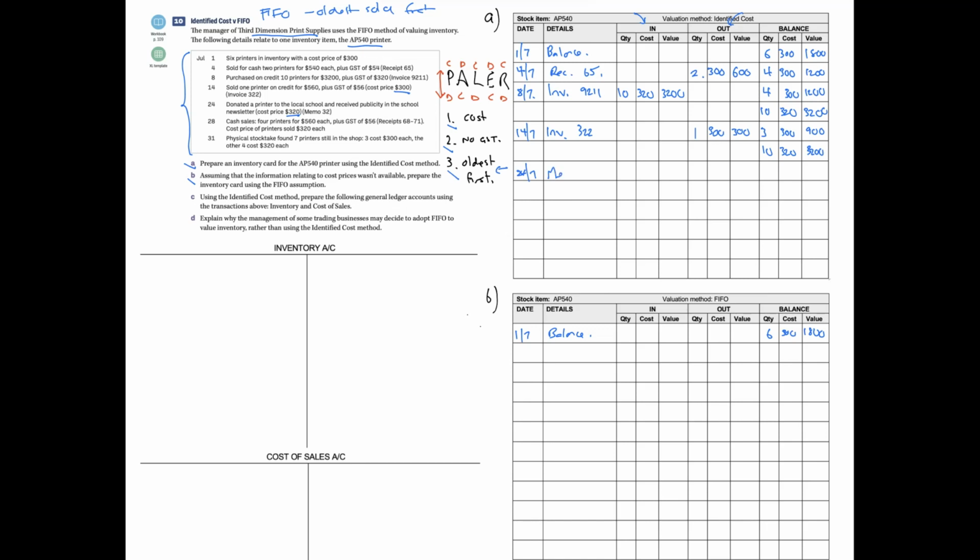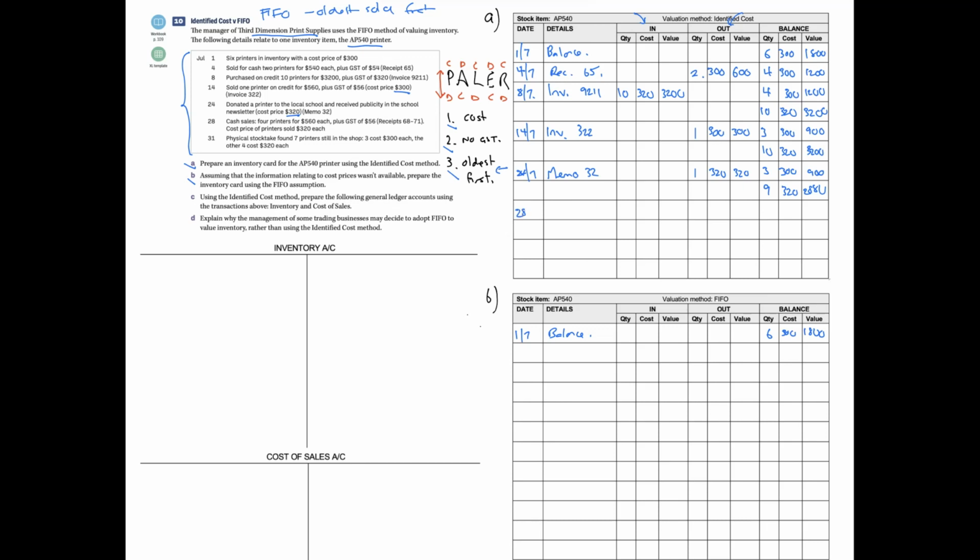So we'll write memo 32. One has left our business, and it was a $320 one, and we now have 3 of the $300, so $900, but we now only have 9 of the $320, meaning $2,880.